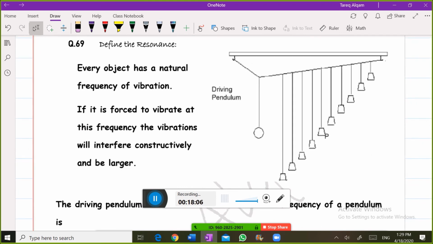We want to define something called resonance, guys. Here we have two things. This is just to understand the concept of standing waves.